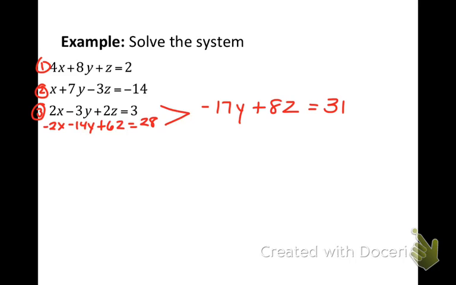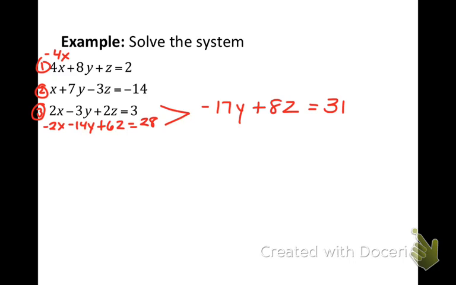Okay. So we did not use line 1 yet. So how could we eliminate x in line 1? Do you want to do it with 2 or do you want to do it with 3? 3? Multiply 3 by what? Negative 2. Okay, I'm going to write it above line 1 when I do that. So if I double everything with a negative 2 in line 3, I get negative 4x.